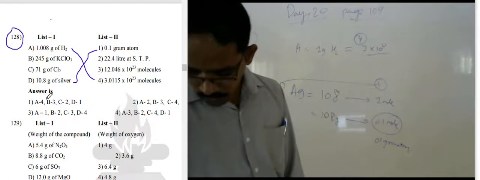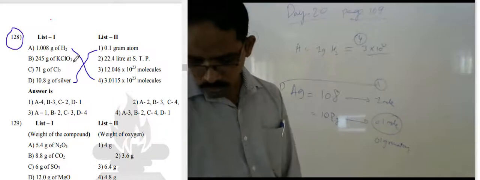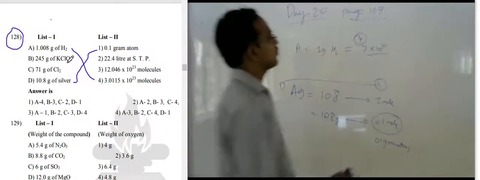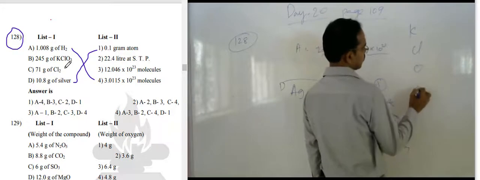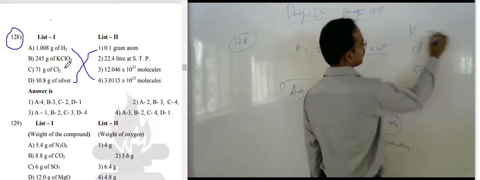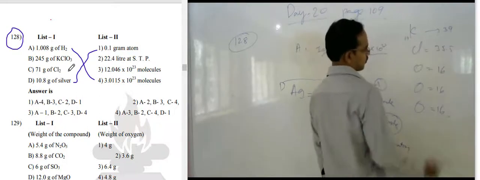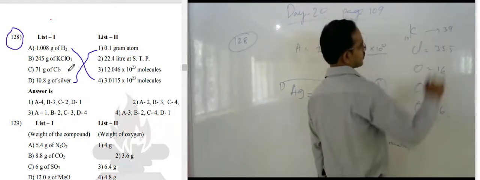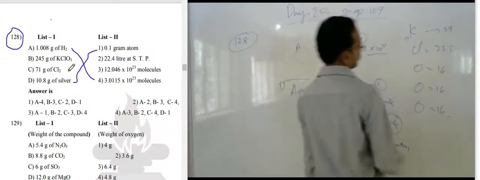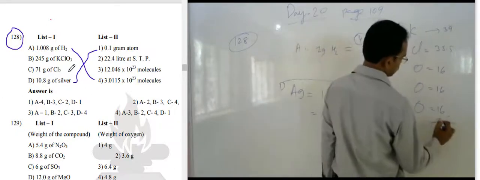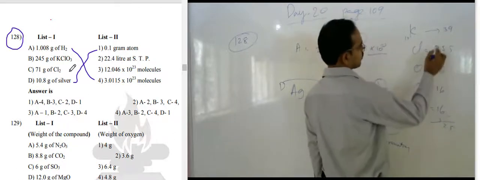B, 245 grams of KClO3. You have to do the calculation.